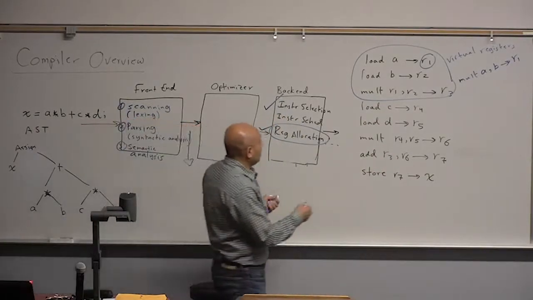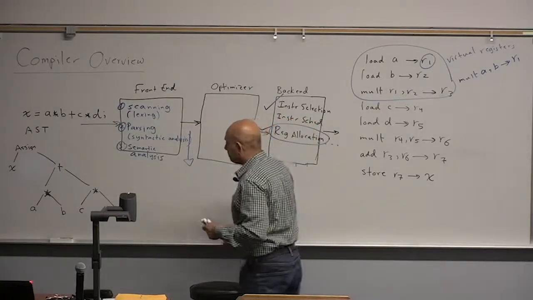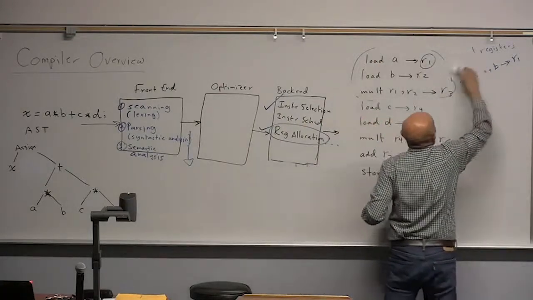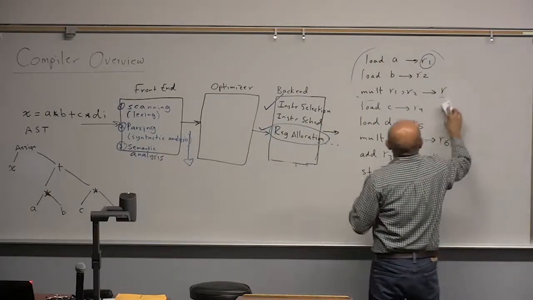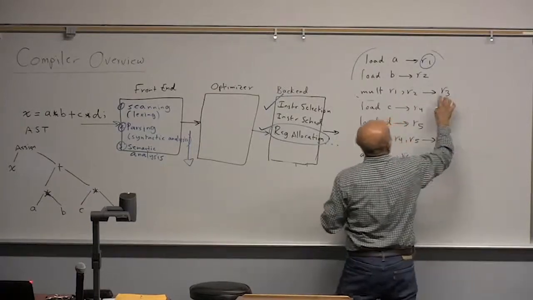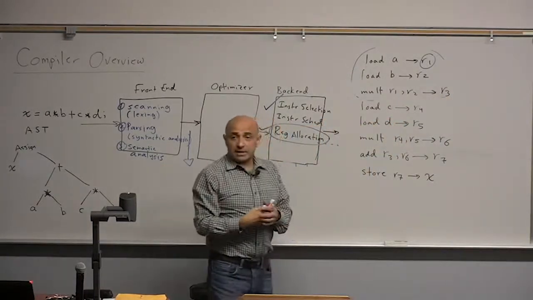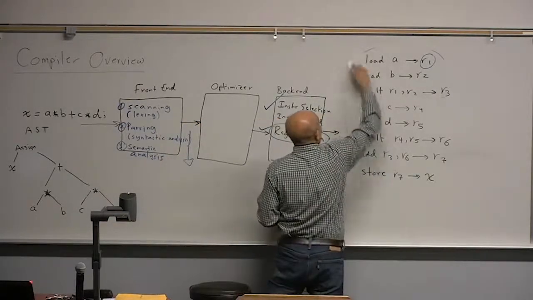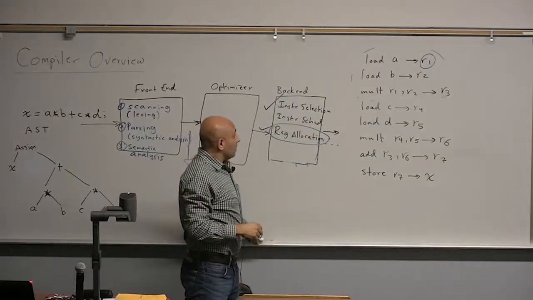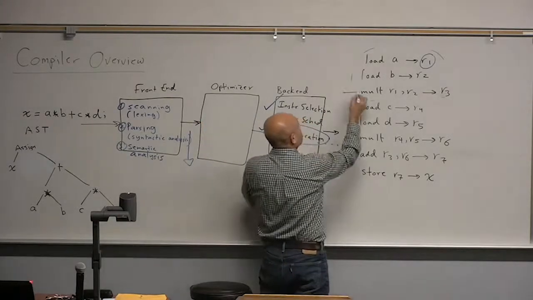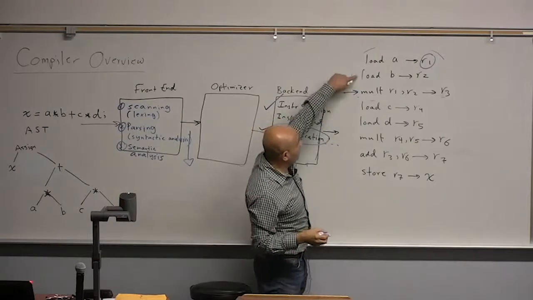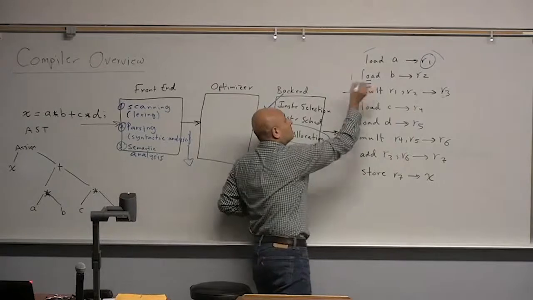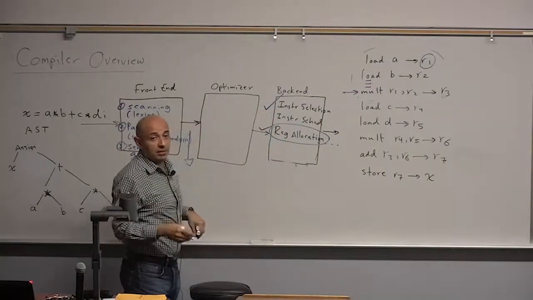Because load instructions in particular have latencies. A load instruction may take a few cycles to execute. So when you get to this multiply, you will have to wait for the result of this load to become available. And this can waste 2 or 3 or 4 cycles depending on the machine.